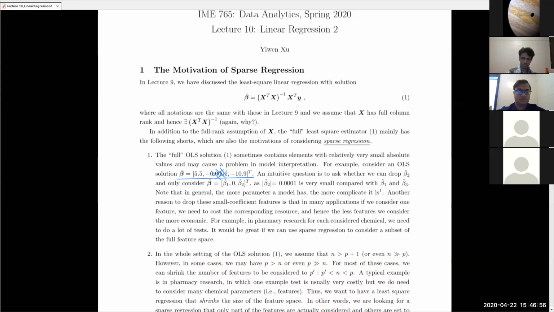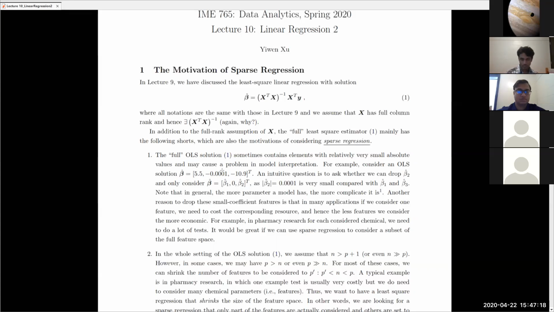So we are asking which beta j can be deleted. Very clear, if I have a beta j which is very, very small compared with the other beta j's, I may want to delete it. And hence, we may not really apply the full OLS solution.